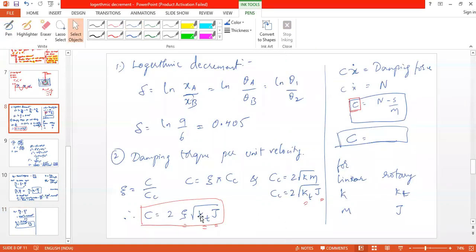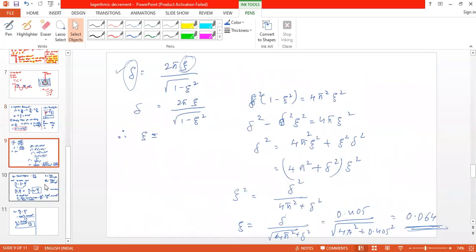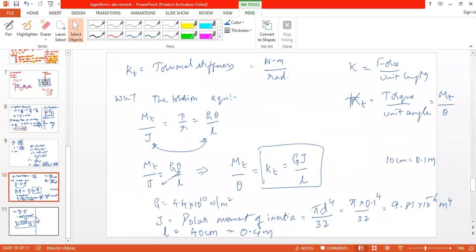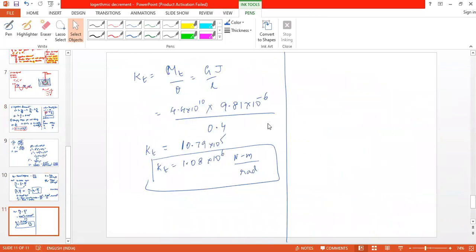So we know that C is equal to 2 zeta root of KT J, and zeta is 0.064 and KT is 1.08 into 10 power 6.